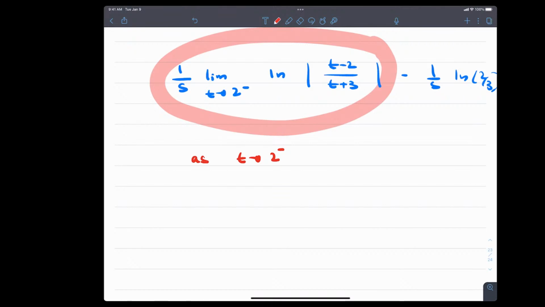So in other words, if t is going to be 1 point what? 1.99999.